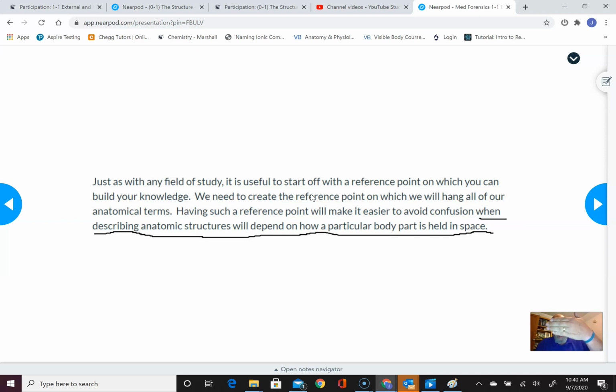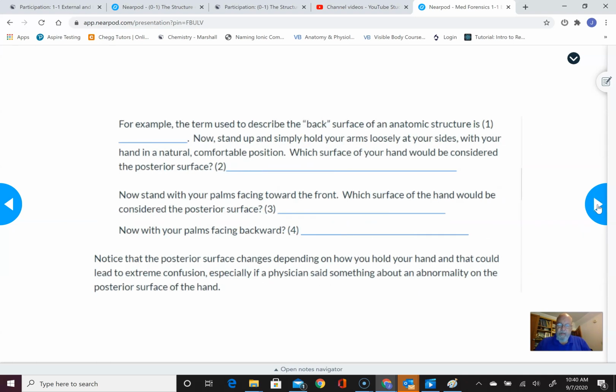So if I hold my hand like this versus like this, there are several different ways that I can hold my hand, and depending on which way I hold my hand, the front or back surface of my hand would be a different thing. Okay, so we need to have this reference that we're going to come up with here to guide us as to how we're going to state what is what.